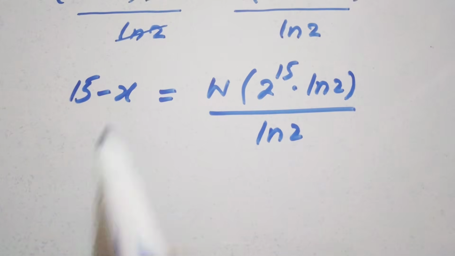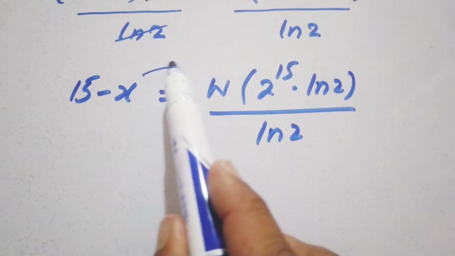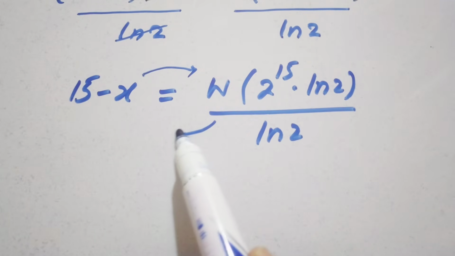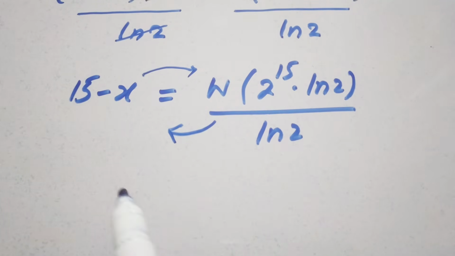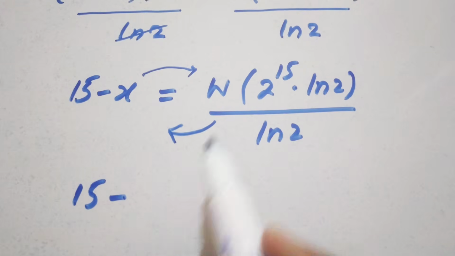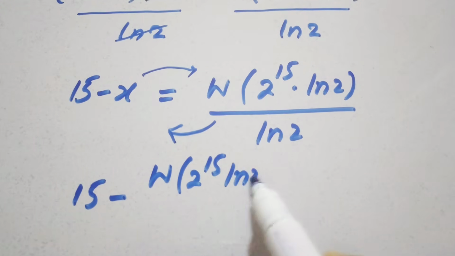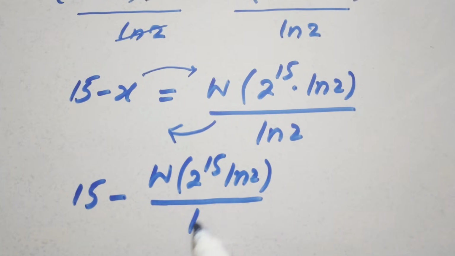Now moving this x from the left hand side to the right hand side, and this whole term from the right hand side to the left hand side, this will become 15 minus W of 2 power 15 natural log of 2, divided by natural log of 2.